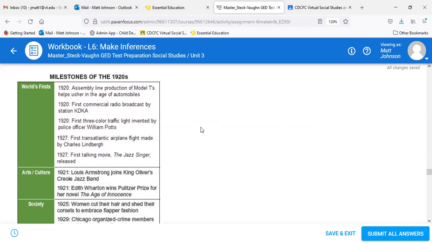First commercial radio broadcast by a station, KDKA. There's some debate as to whether or not they really were the first, but KDKA is a station out of Pittsburgh. So at least here, one way or another, whether it was KDKA or another station, you had the first commercial radio broadcast. So now you're reaching huge audiences across vast distances instantaneously, in real time, right?